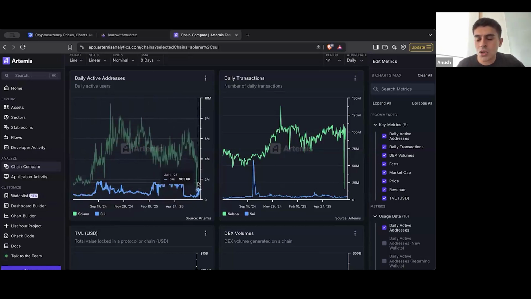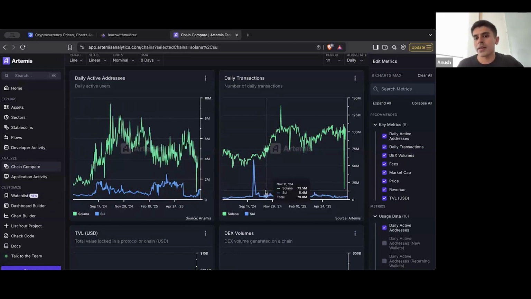That basically shows something called network effect. Now, similarly, daily active addresses is one, but there's also daily transactions. If you see daily transactions on Solana, last year it was 64.1 million. Every day there were this many transactions happening on this network. Now, if you look here, we can see that it's over 104 million.